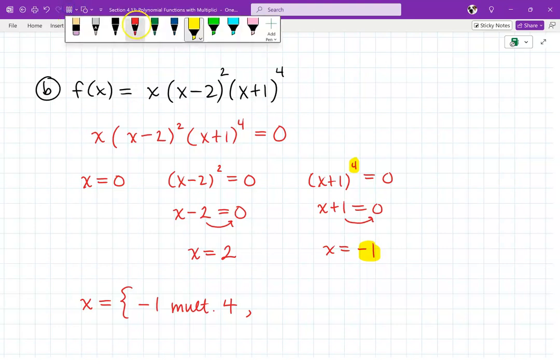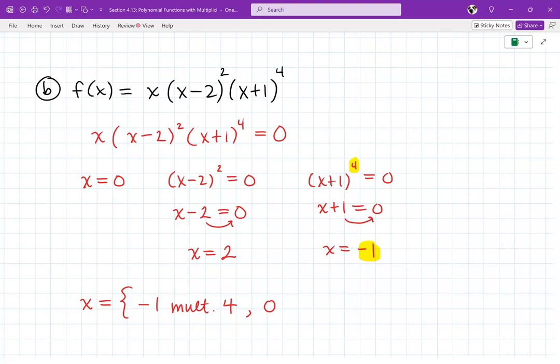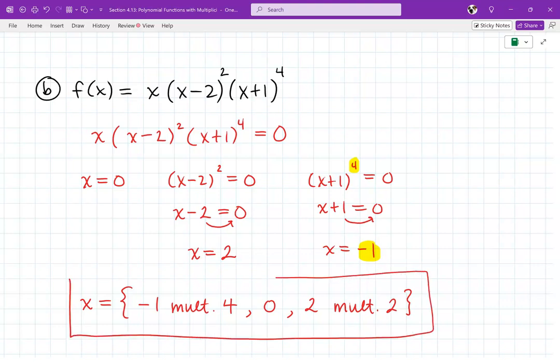All right. Next one would be 0. Does that one have multiplicity? No, because the power is a 1, and you don't say multiplicity of 1. Like you don't multiply it once, right? So we're going to leave it alone. And then 2 has multiplicity of 2, okay? So we would say that 2 has even multiplicity as well.